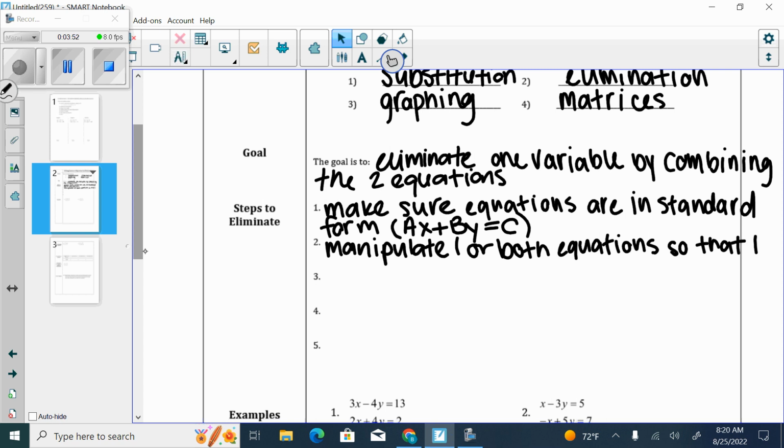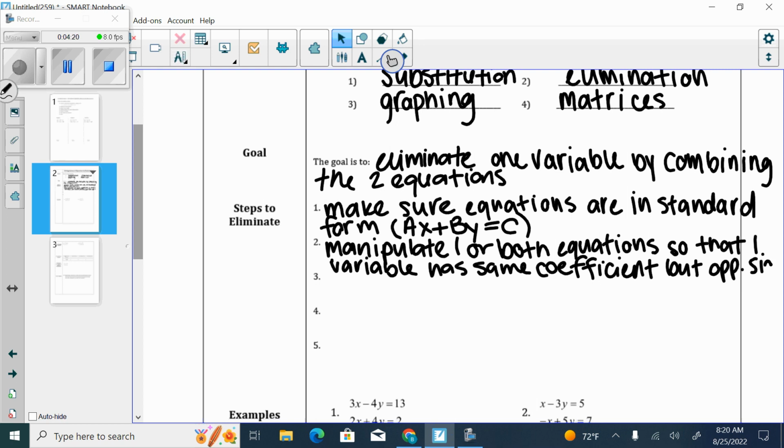But while we want it to have the same coefficient, we also want it to have opposite signs. Okay, so we would want them to have the same number in front of them, but we would want one of them to be a positive number and one of them to be a negative number so that they will cancel out or eliminate, like our goal.